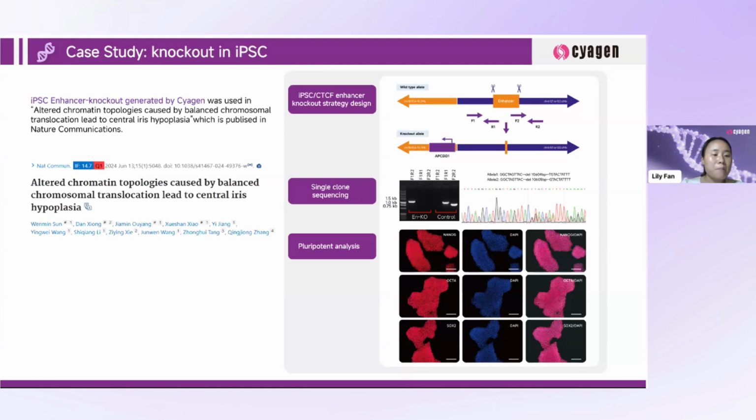First, we designed pairs of guide molecules and transfected them into iPSC cells, successfully obtaining homozygous knockout clones with about 10 kilobase deletions, which were validated by PCR and Sanger sequencing. Additionally, pluripotency analysis was conducted on the knockout clones to confirm their suitability for downstream applications.